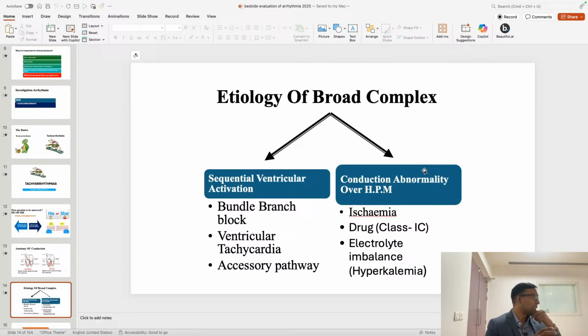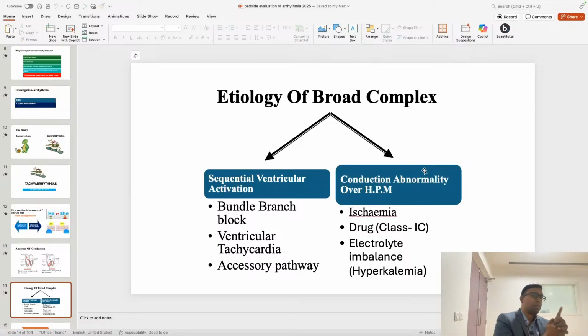That's why the QRS is narrow. When right or left takes precedence over the other, say the right bundle is slowed, the left is conducting normally, so the left ventricle is activated first and then the right, so the QRS gets wider. This is called sequential activation of the ventricles.